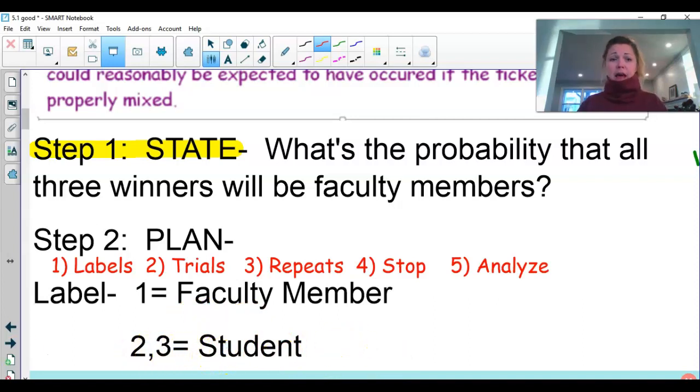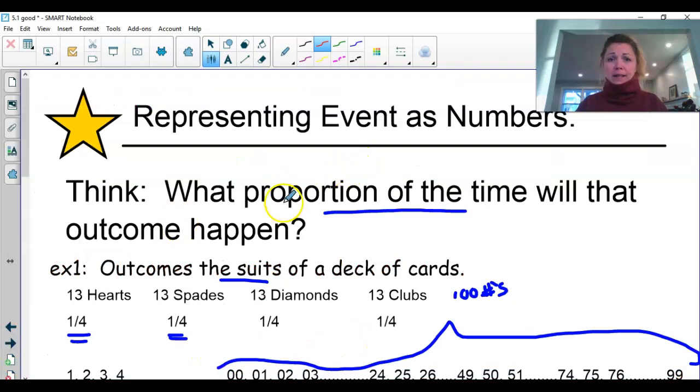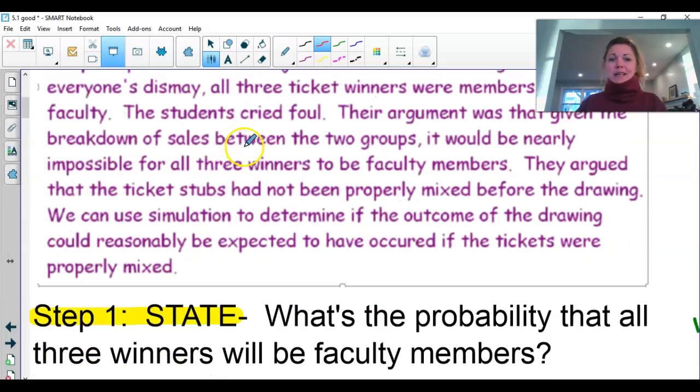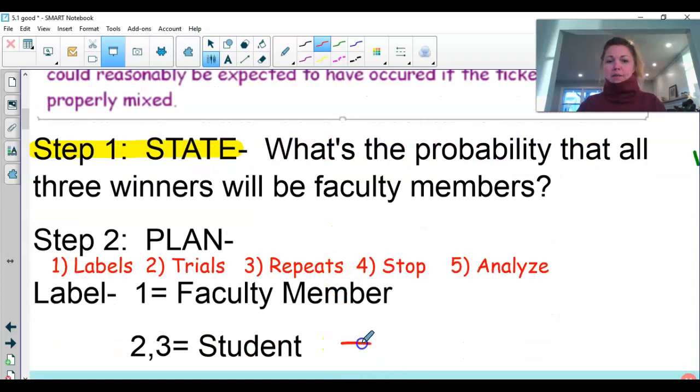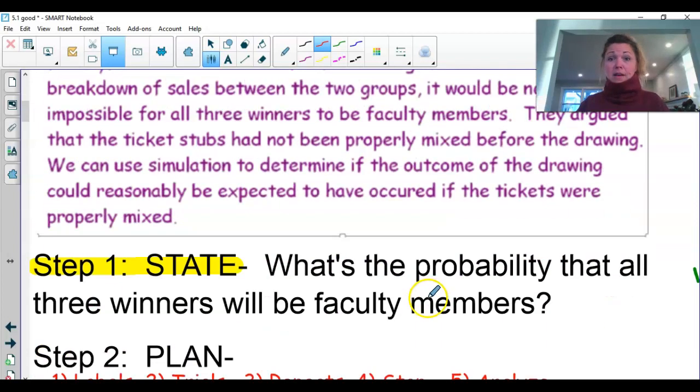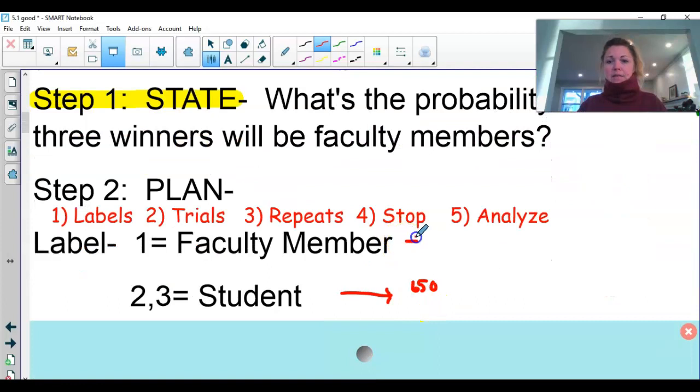Why am I doing that? Going back to where we practiced representing events as numbers, what proportion of the time should that outcome happen? Well, we have 650 student tickets and 325 faculty tickets.